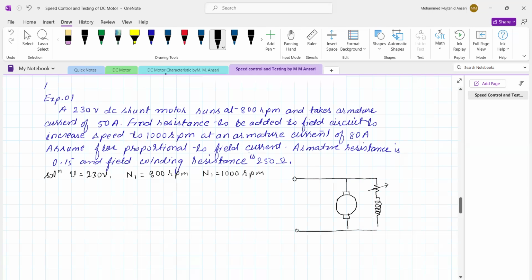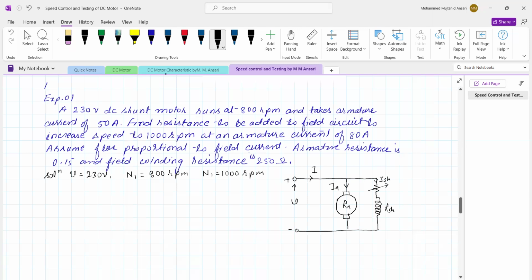Then it is possible to obtain a speed more than the rated value or the initial condition. So this is the voltage V, current I, armature current IA, and shunt field current ISH. And this is the RSH, shunt field resistance, and armature resistance.